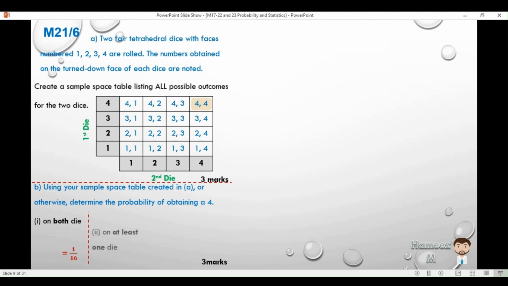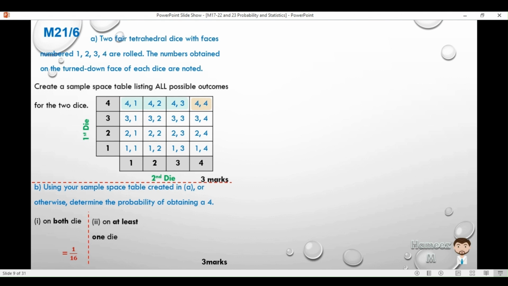Just as part 2, where they're saying determine the probability of obtaining a 4 on at least one die. So if we're saying that at least one of the dice will give us a 4, then if we look at the first die, we can highlight that in a little blue background where we could get 4 1, 4 2, or 4 3.